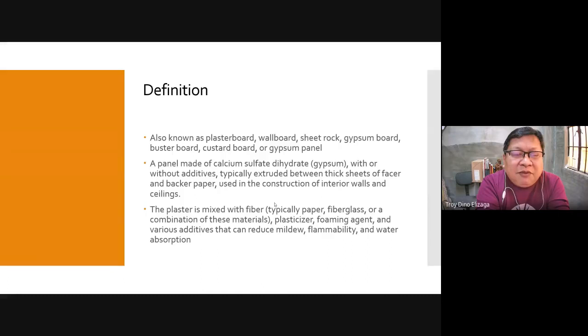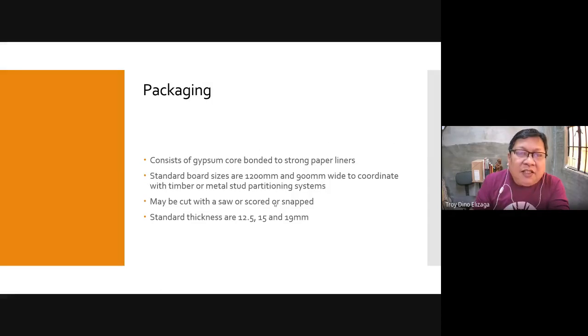Sometimes when you scratch the surface, it's like scratching plaster of Paris. There are many types, and it's packaged with paper liners. The standard board size is 1.2 meters wide, to coordinate with timber and metal studs.